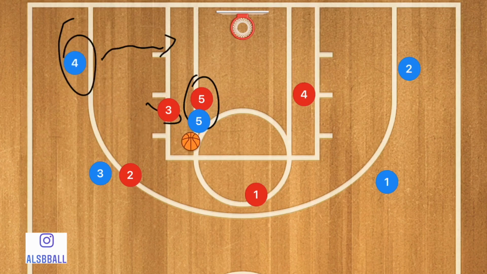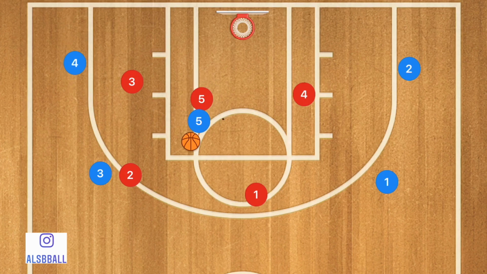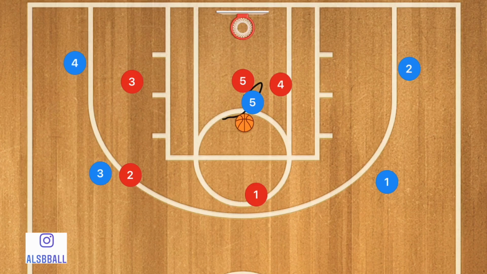Now, if player 5 was not to get that double team in the low post, he can now dribble out towards this side to try and get the defender to take him into the middle and pull player 4 into a double team, which now leaves player 2 and player 1 open. Now, you may be saying, well, they might have already filled up top.